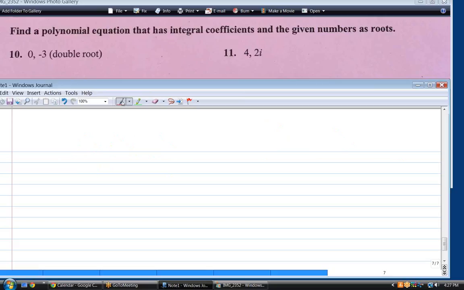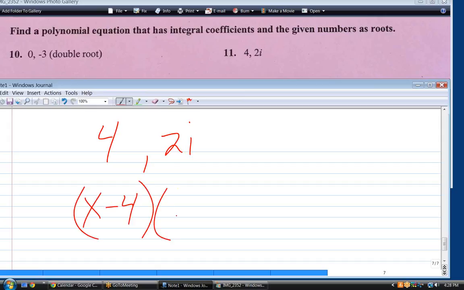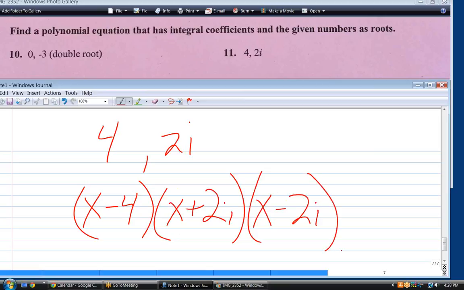Now, the next one has 4y. So what are my roots here? X minus 4, x plus 2i, and x minus 2i. Good. You knew that all imaginary roots come in pairs, just like the irrational roots do.